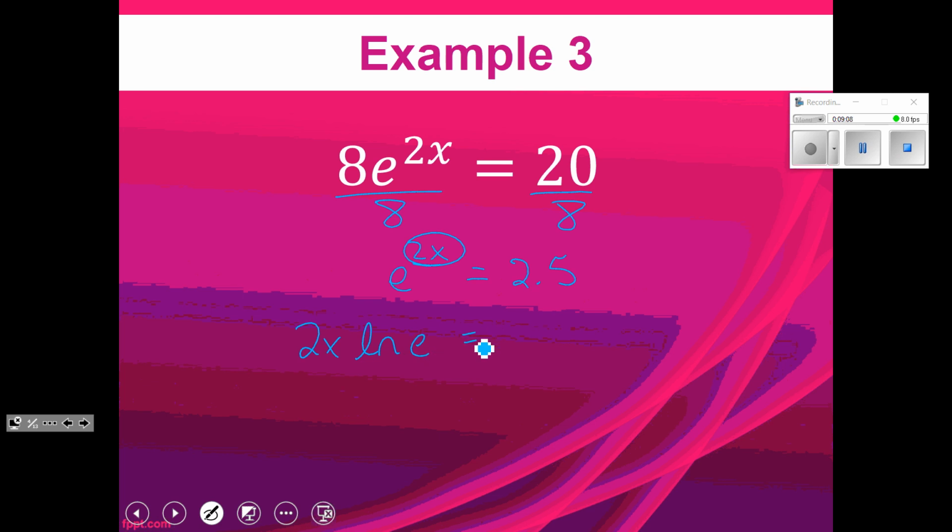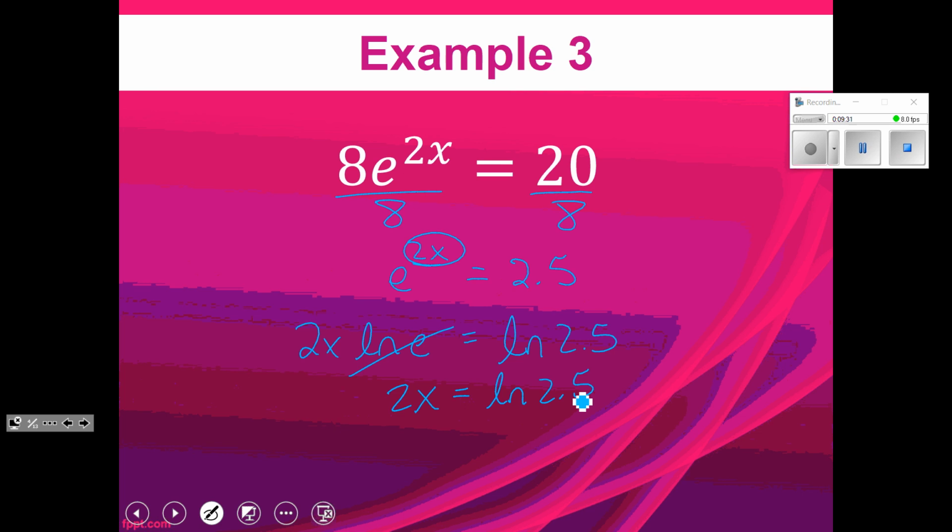And if I take the ln on this side, what do I need to do on the other side? I need to take the natural log on that side. What do we know about ln and e? They cancel out, and so you get 2x equals the ln of 2.5. You can use your natural log button, ln of 2.5.